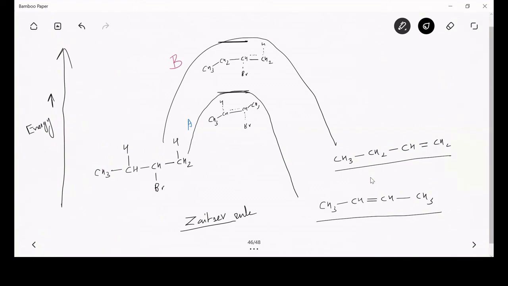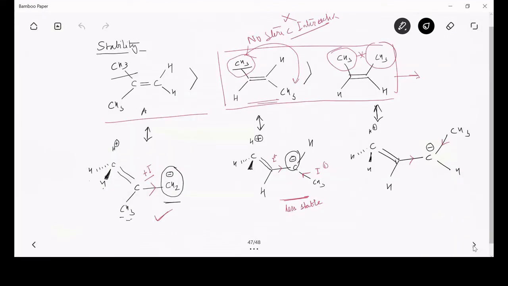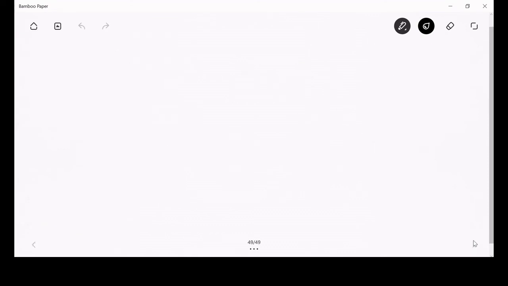Here we didn't consider the size of the base. Now we have to consider the size of the base. So things will get a little bit complicated. I hope you understand up to the Zaitsev Rule. Now we are going to discuss another rule called the Hofmann Rule, which is just the exception to the Zaitsev Rule.